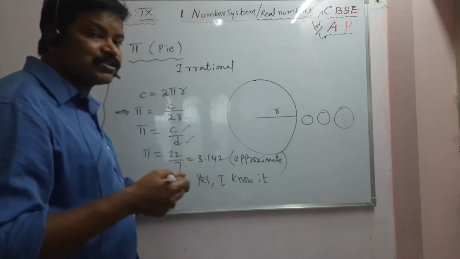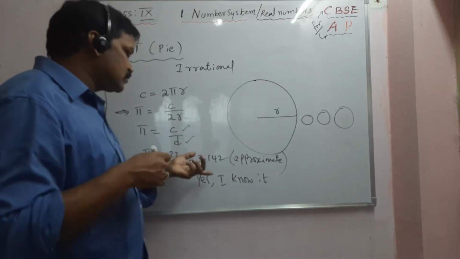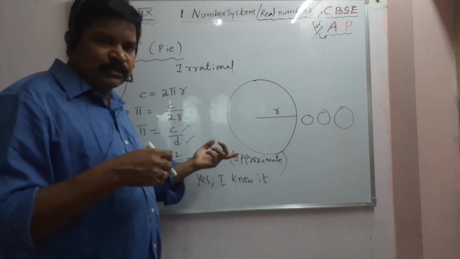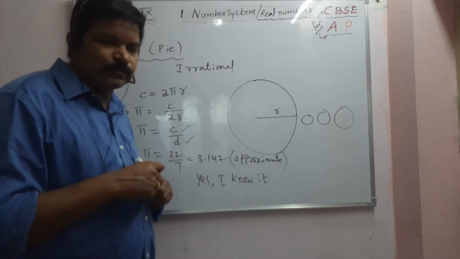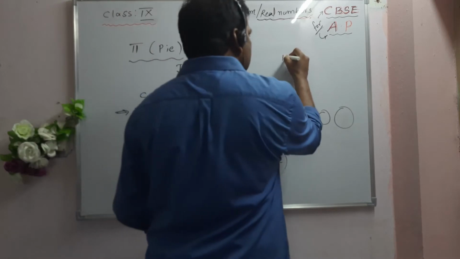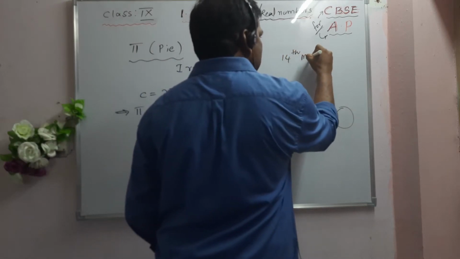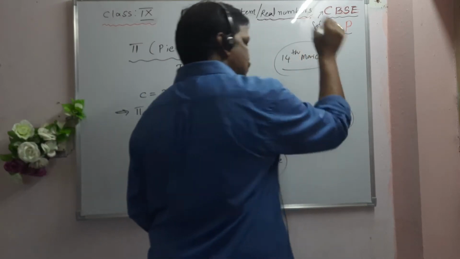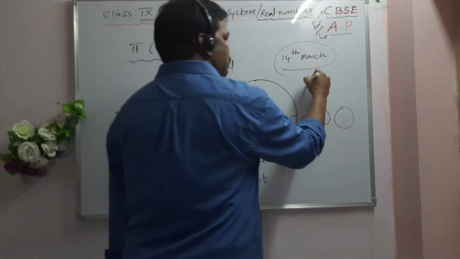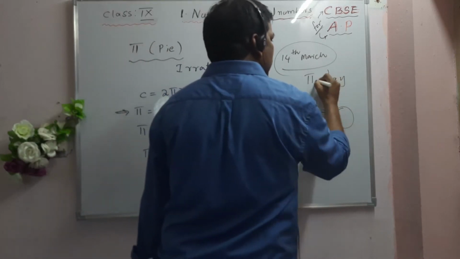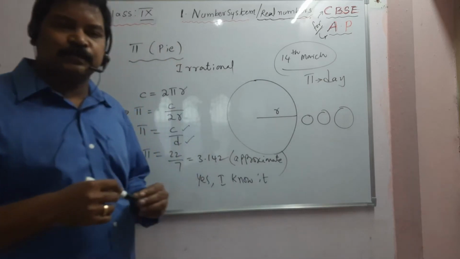Children, another interesting story about this 3.142, the value of pi, approximate value. We celebrate 14th March as Pi Day.